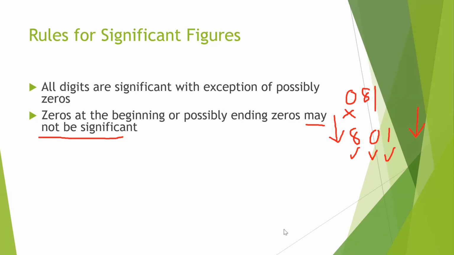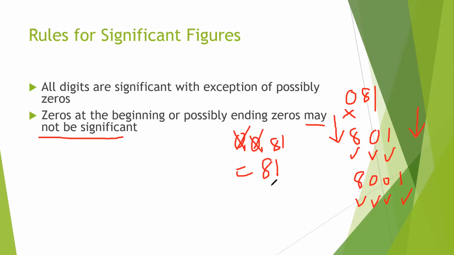What about 2 zeros? It says in the chat. If it's 2 zeros within a number, they're both significant. But if it's 2 zeros outside of a number, we can just simplify that number to 81 and not even consider the zeros because they're not significant.